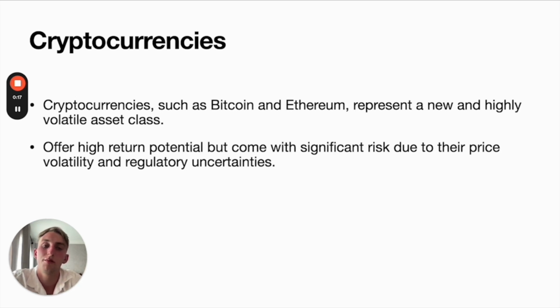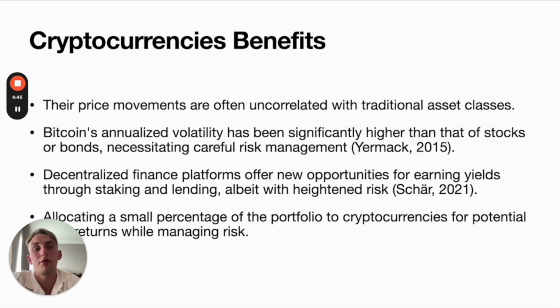Onto cryptocurrencies. Bitcoin and Ethereum represent a new and highly volatile asset class. They offer high returns but come with significant risk due to their price swings. Cryptos offer diversification benefits because their price movements are often uncorrelated with traditional asset classes.